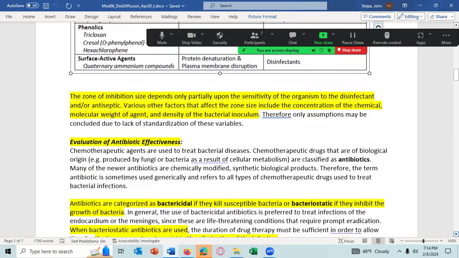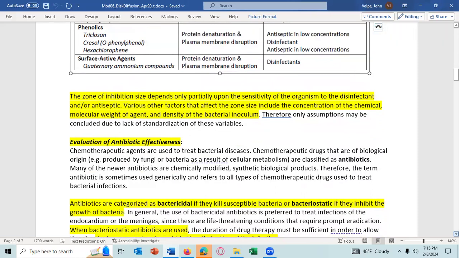Getting back to the size of the zone of inhibition, when you have a zone of inhibition around a disk, the size of the zone of inhibition is only partially dependent upon the sensitivity of the organism to the disinfectant or antiseptic or whatever is in the disk. Various other factors affect the size of the zone of inhibition, including the concentration of the chemical. If there's more chemical in the disk, generally you'll get a larger zone of inhibition.